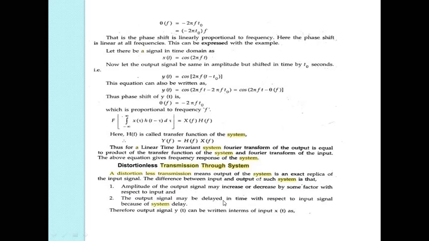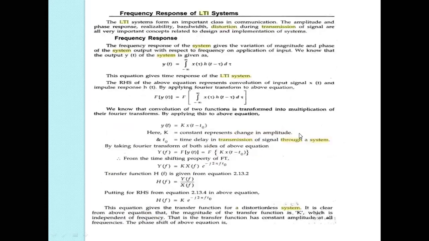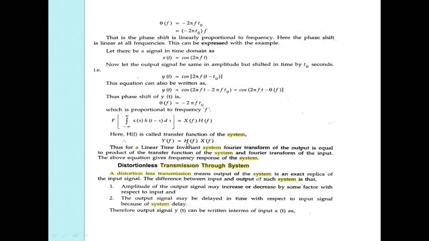The output signal may be delayed in time with respect to the input signal because of the system delay. Therefore, the output signal y of t can be written in terms of x of t as y of t is equal to k into x of t minus t naught. That is a distortionless transmission through the system.